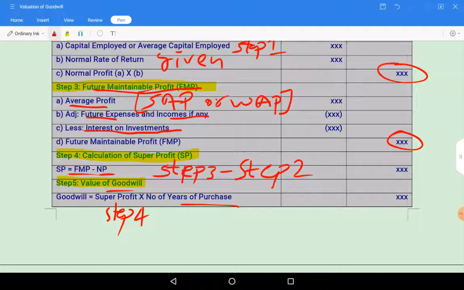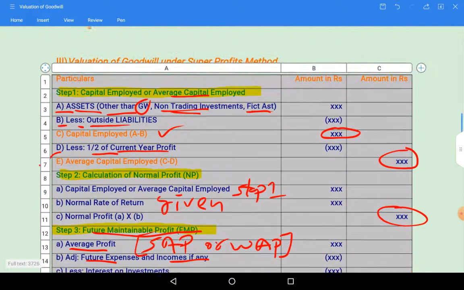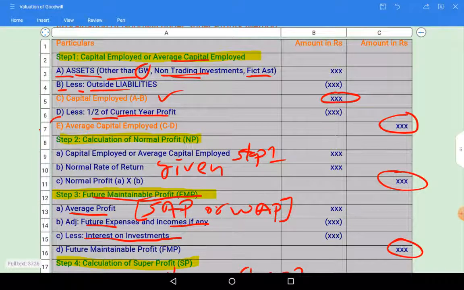So in 9 minutes I have explained to you how to calculate goodwill under the super profits method. I am saying once again: first, capital employed or average capital employed. If current year profit is given, we will go for average capital employed.